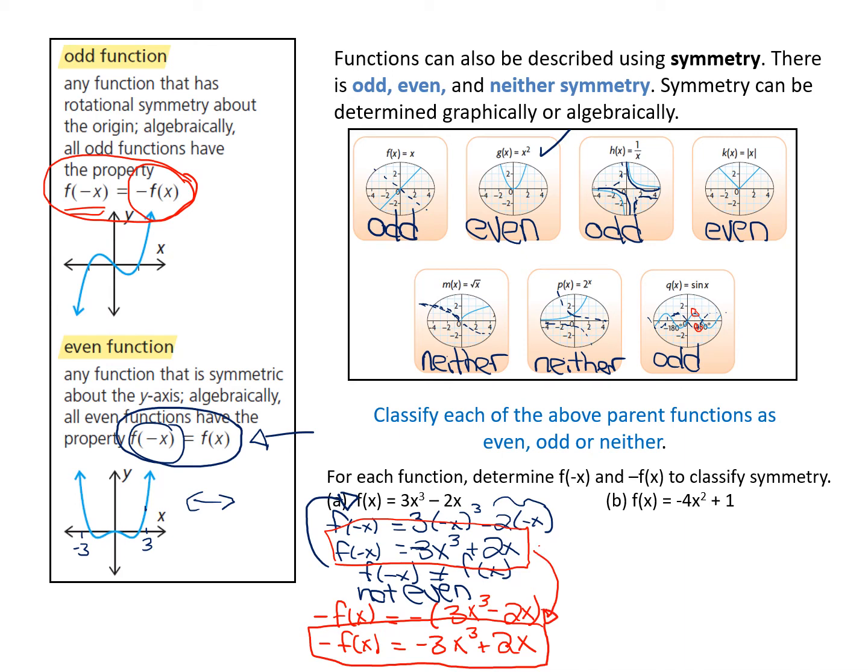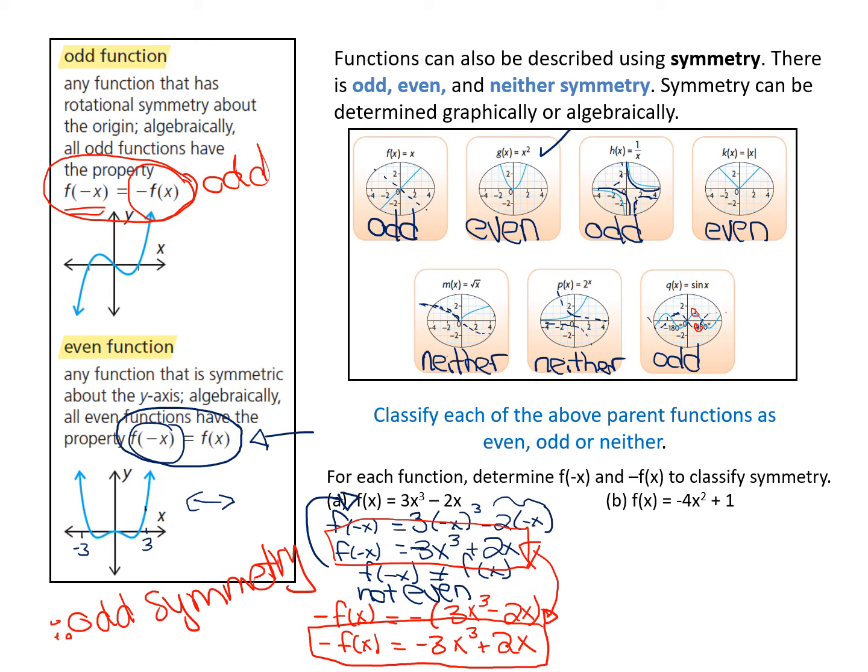Are these two equal to each other? If they are, it will be odd. And they are equal to each other. So that function has odd symmetry. Right, therefore, we've got odd symmetry because those equations are the same as each other.